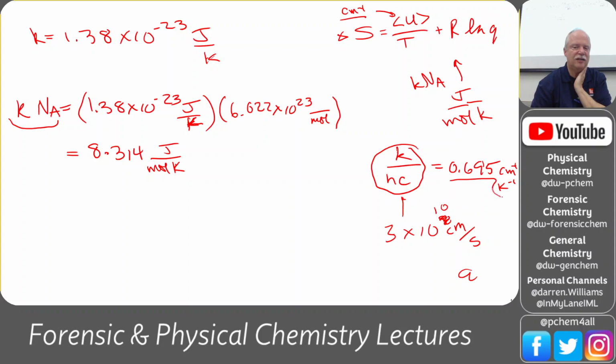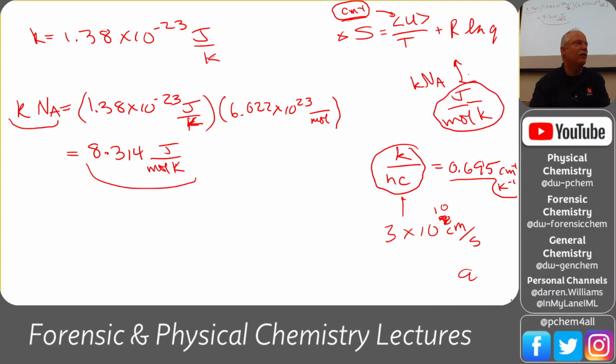That's why it's good to have these constants on your card. In fact, they're on the periodic table that I pass out. This one is on the periodic table, 0.695 wave numbers per Kelvin, because it's so common. And R is 8.314. But you just have to know, if I've got my internal energy in wave numbers, I better not use an R in joules per mole Kelvin, because those units don't work.